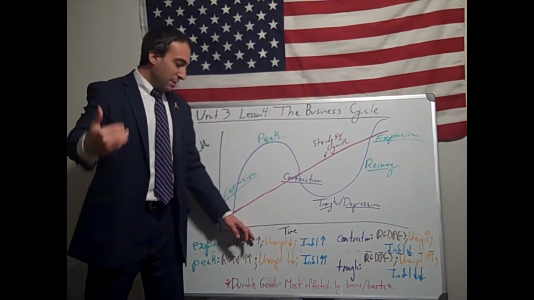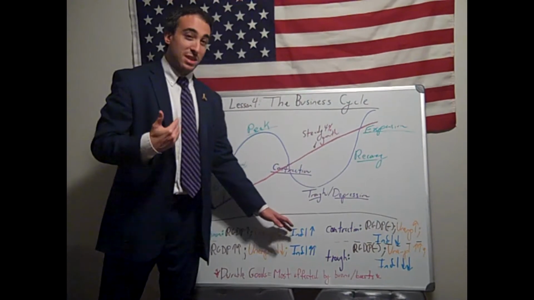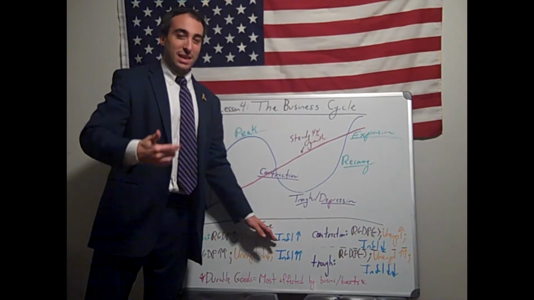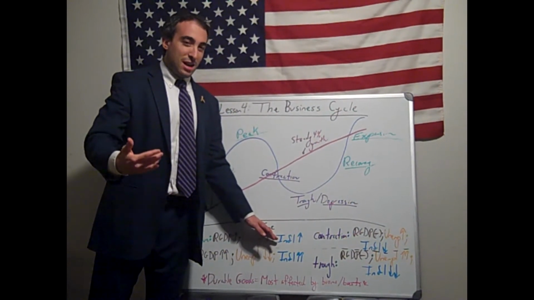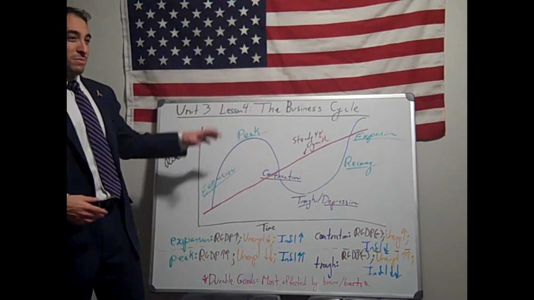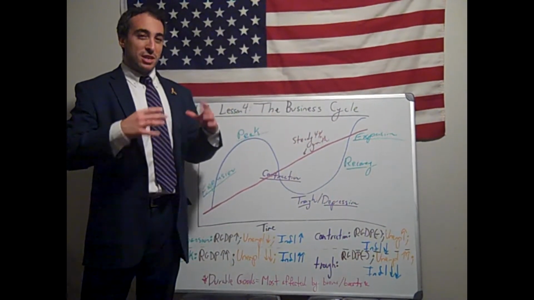As real GDP increases again, unemployment goes down, and now you have where inflation is kind of a positive thing, where the increased inflation rate is signaling to the economy that, hey, people are spending again. And these are our booms and busts. Like I said, booms and busts can occur naturally.